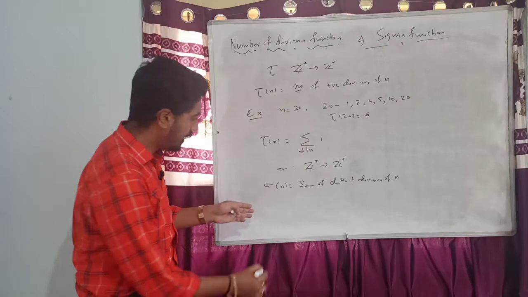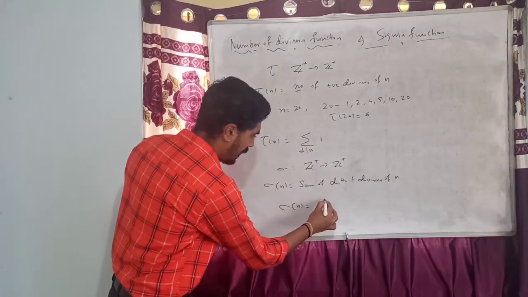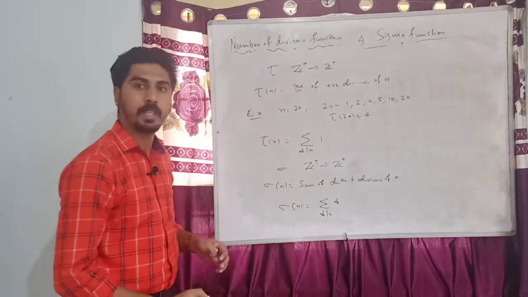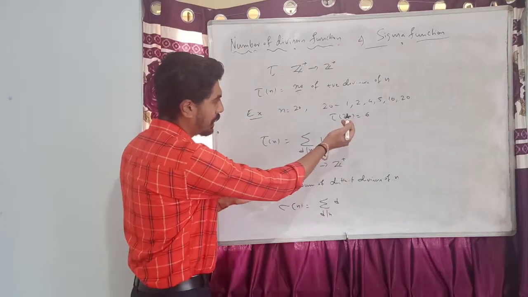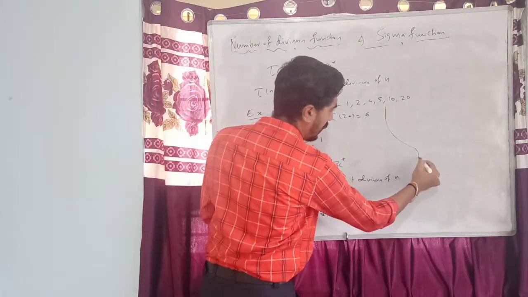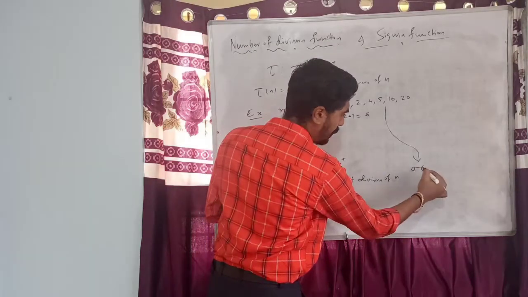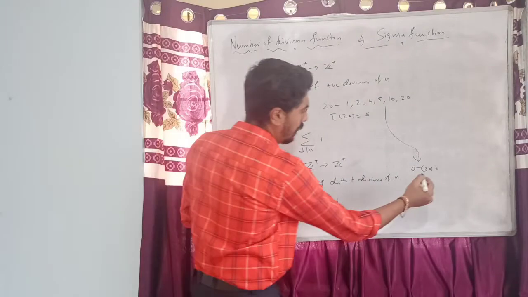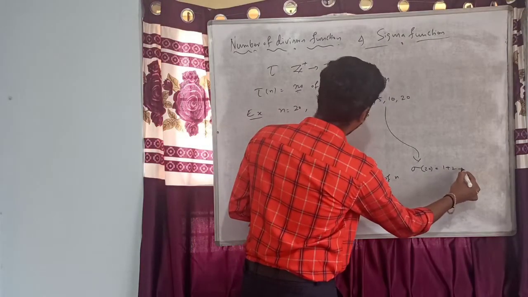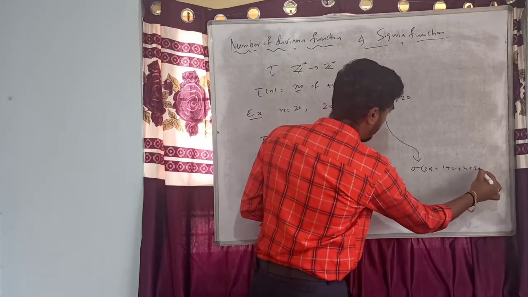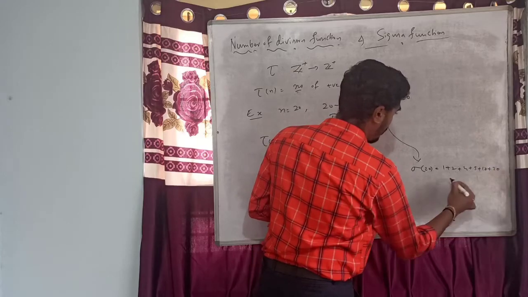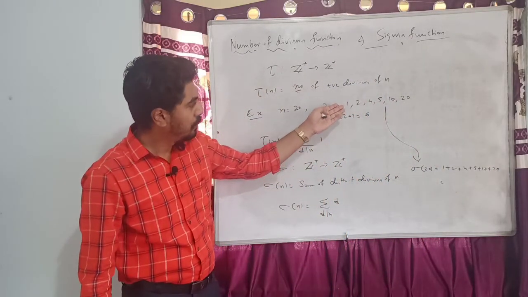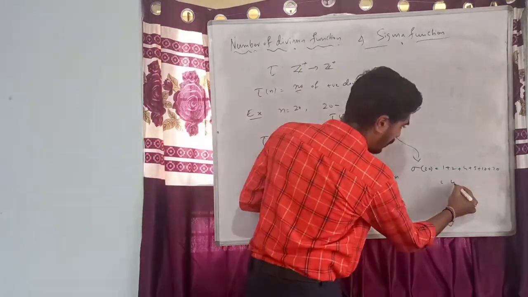So by the definition, sigma of n will be equal to summation of d for each d dividing n. Say for example, if I consider the same example 20, sigma of 20 will be equal to sum of all these divisors, which is equal to 1 plus 2 plus 4 plus 5 plus 10 plus 20, which is equal to 35, 39 plus 3, which is 42. Okay.